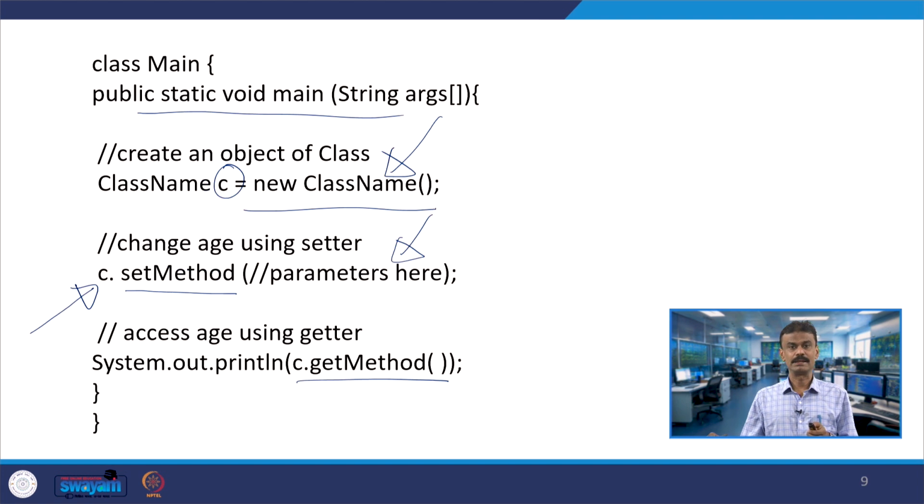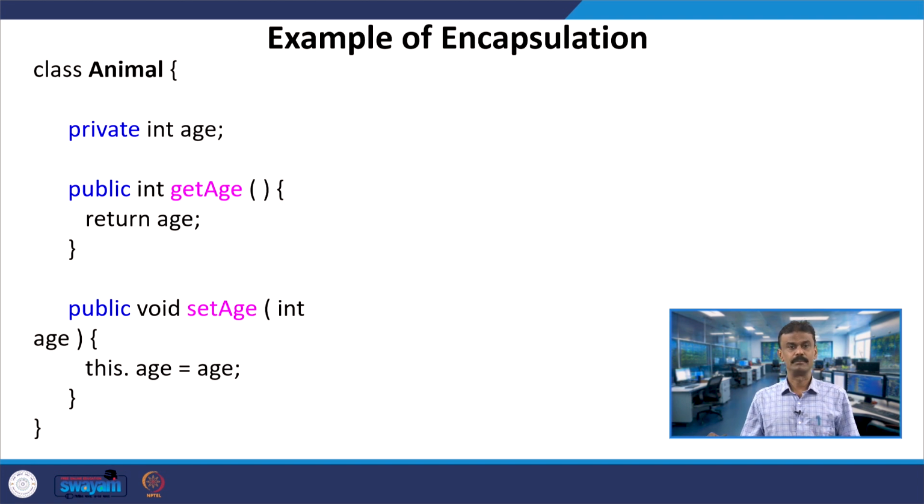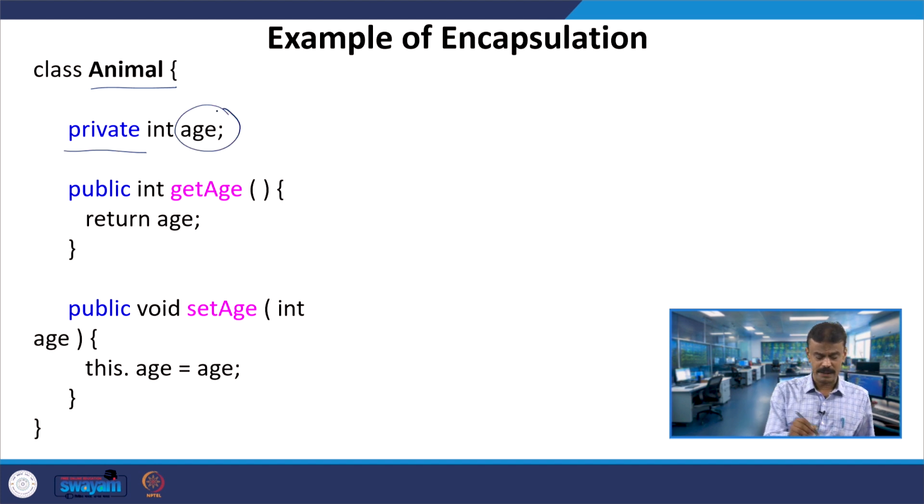We will see an example. Here you have class animal, and you have one private member data called age. Here you have a get age method, which returns age, so that is a getter function.